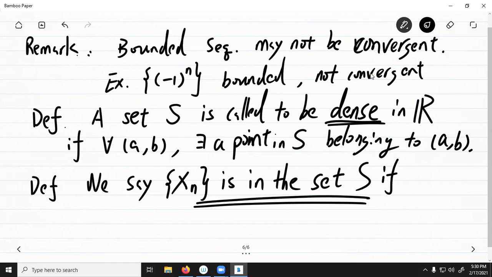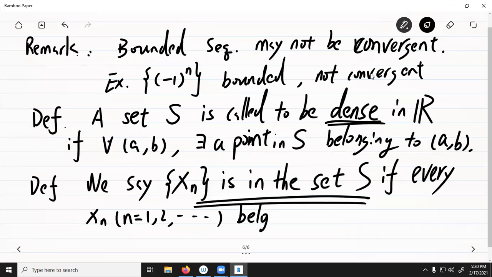This means every member x_n, where n is 1, 2, 3, and so on, belongs to S. So every member in this sequence is a member in S. Every member in the sequence must be in S. Then we say the sequence is in S.